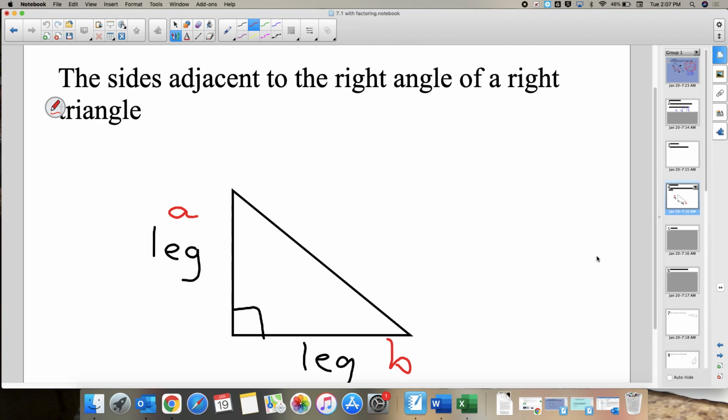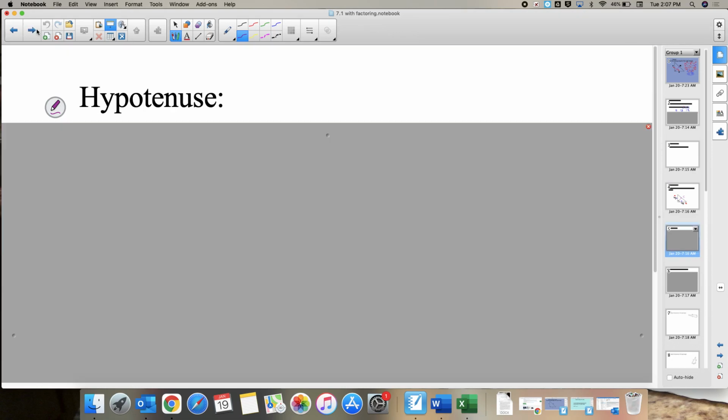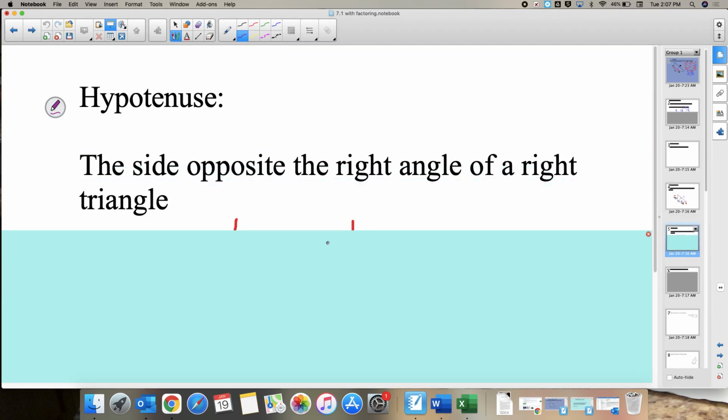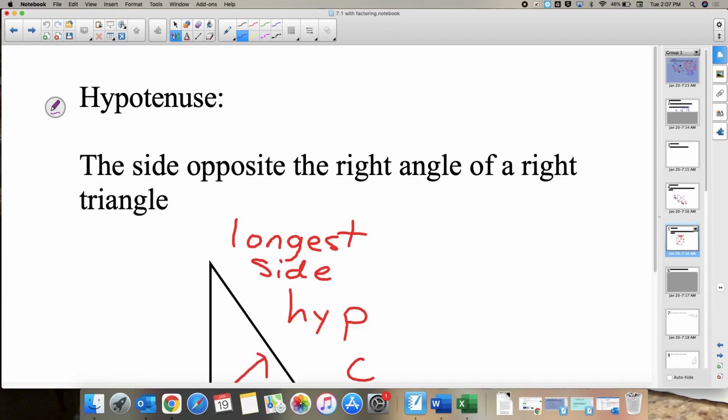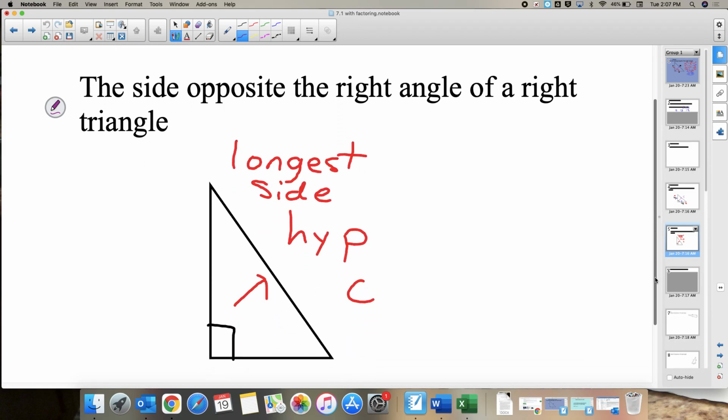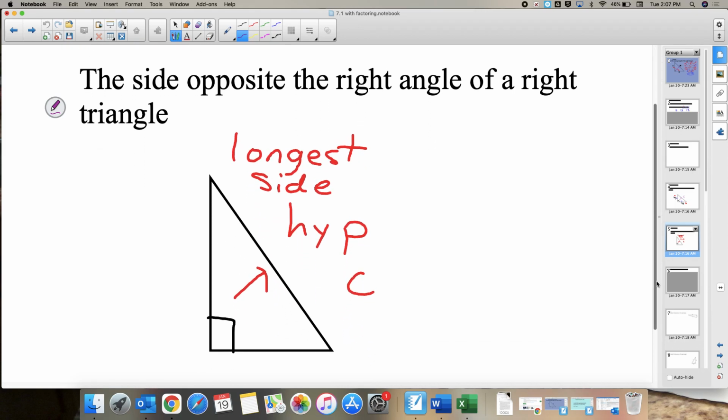It doesn't matter which one's A and which one's B. If you want to call this B and call this A, that's perfectly fine, as long as the side opposite your 90-degree angle is your C. That side is known as your hypotenuse, the side opposite the right angle of your right triangle. The other thing to keep in mind is that the hypotenuse is your longest side. It's opposite the biggest angle, so it must be the biggest side.